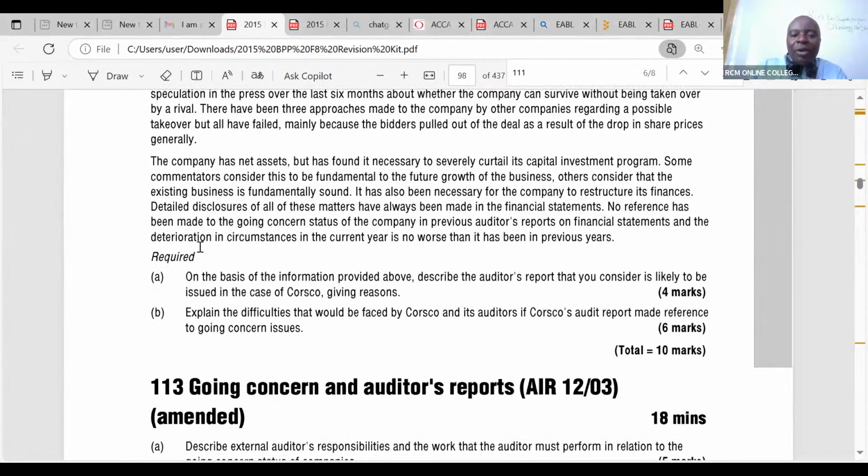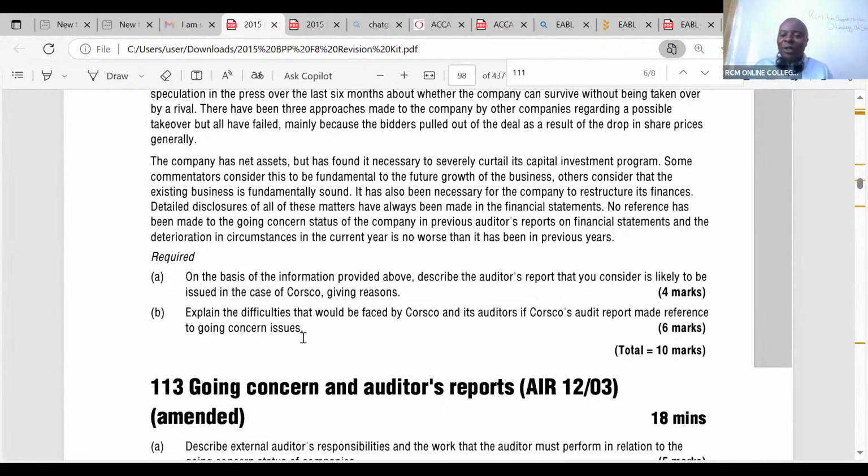Required, on the basis of the information provided above, describe the auditor's report that you consider is likely to be issued in the case of Coruscore, giving reasons. Explain the difficulties that would be faced by Coruscore and its auditors if Coruscore's audit report made reference to going concern issues.